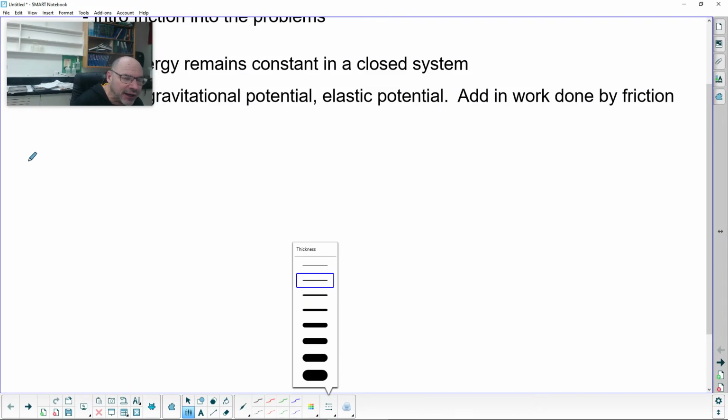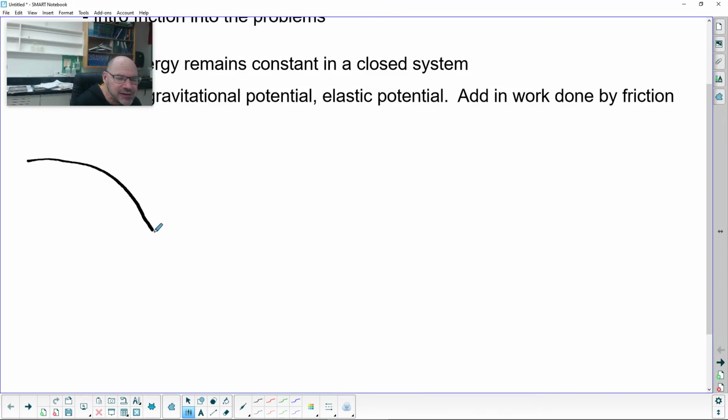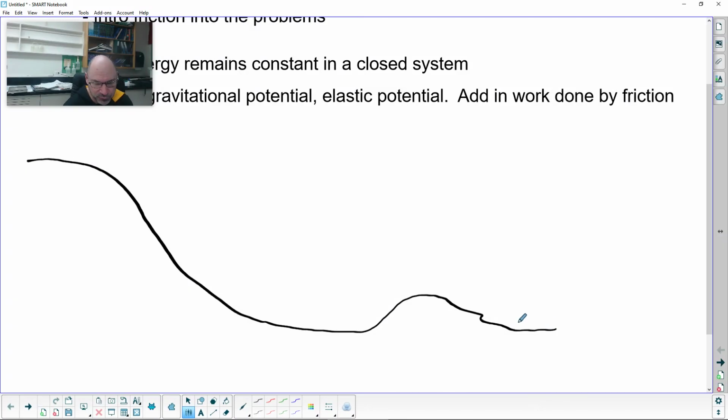So let's say we had a ski slope, but on the bottom of the ski slope there's kind of a ramp. That's supposed to be smooth, that's just me having issues drawing smooth on a Tuesday morning.